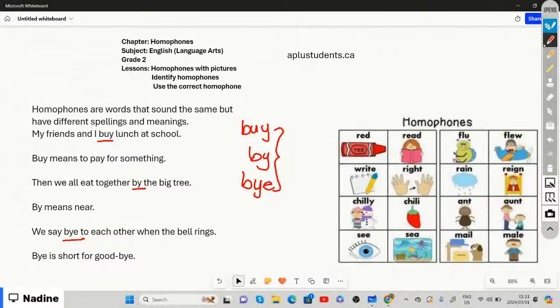The first word, buy, B-U-Y, means to pay for something. B-Y means to show some form of distance, to show near. And B-Y-E is short for saying goodbye. So all three of those words sound the same, but they have different spellings as well as different meanings.